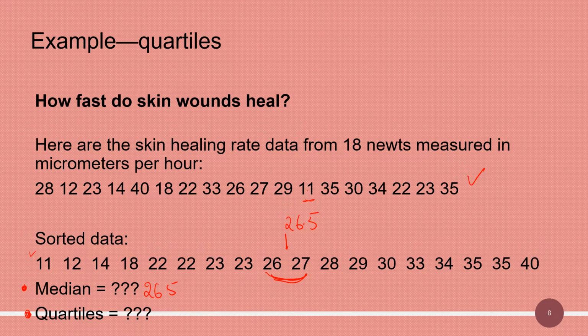Once this 26.5 is picked, we have got two sets, one lying to the right of it, including the 27, and the other one lying to the left of it. The middle term for this is 33 and the middle term for this is 22. So this 22 becomes our first quartile, 33 becomes our third quartile.